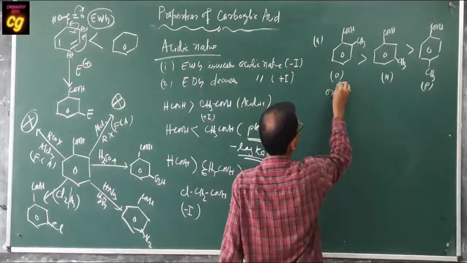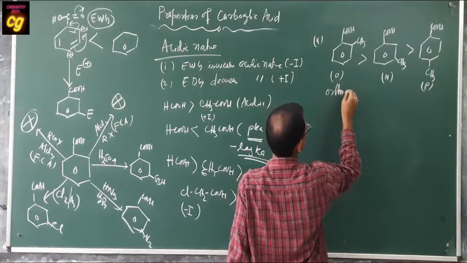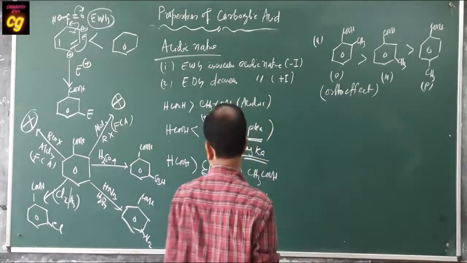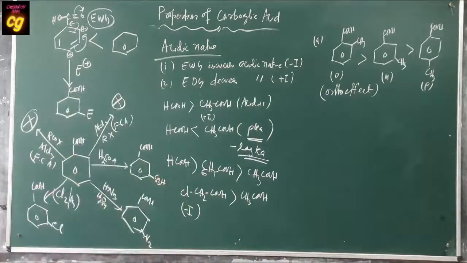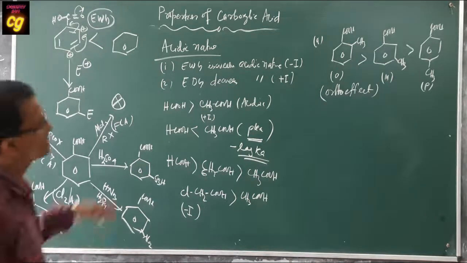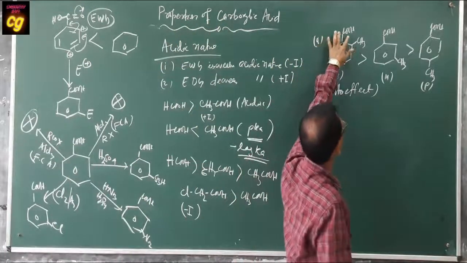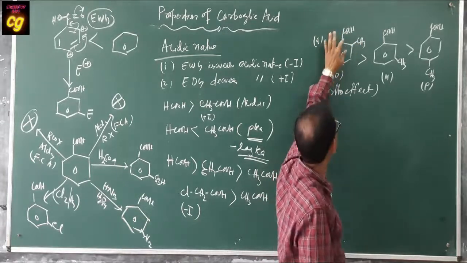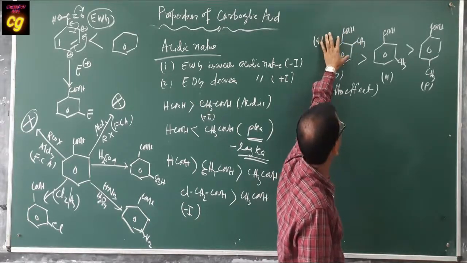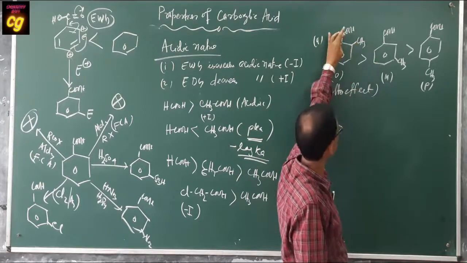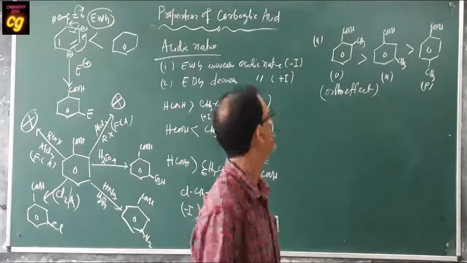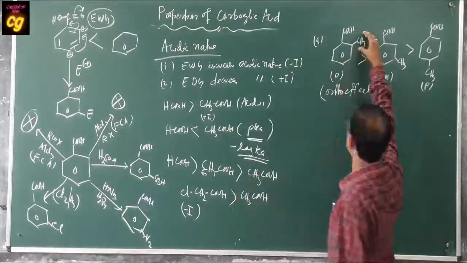Due to the ortho effect, the carboxyl group will not remain coplanar with the benzene ring. That's why the loss of H plus can be done easily.